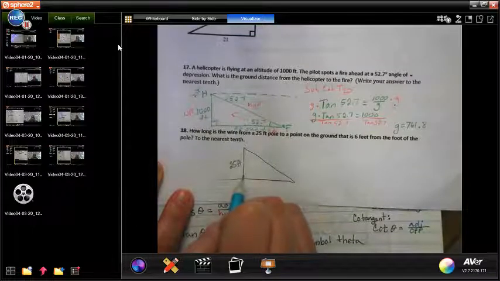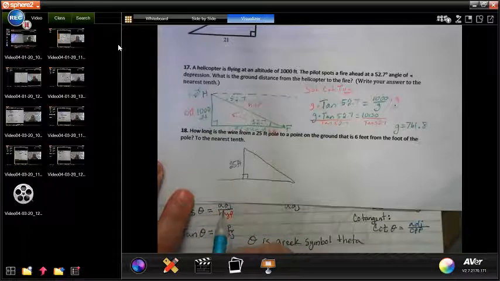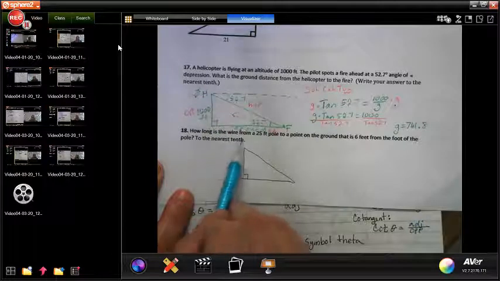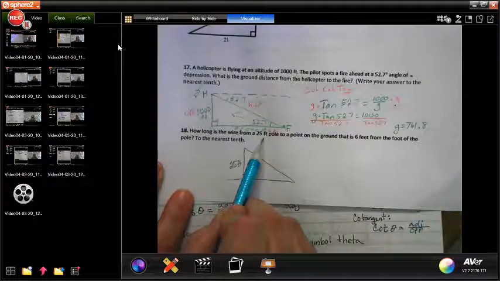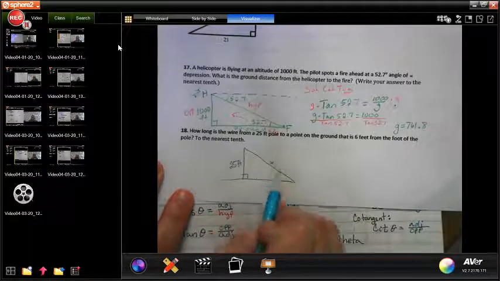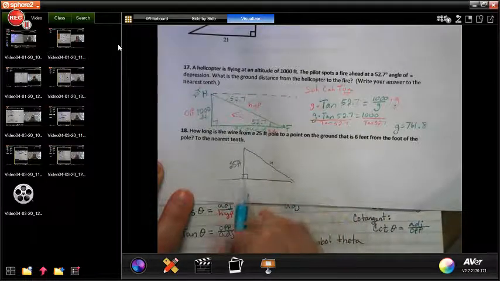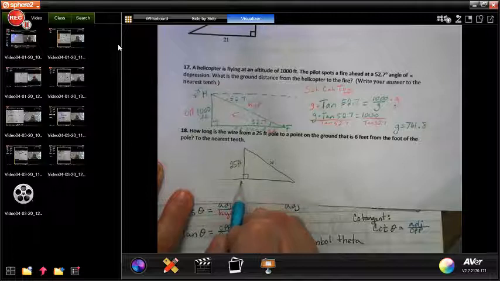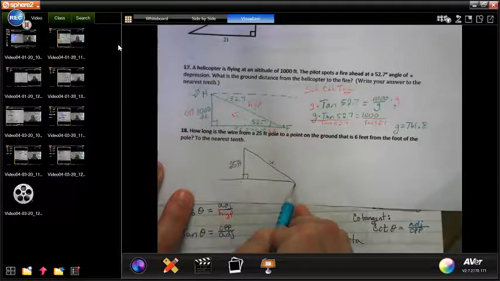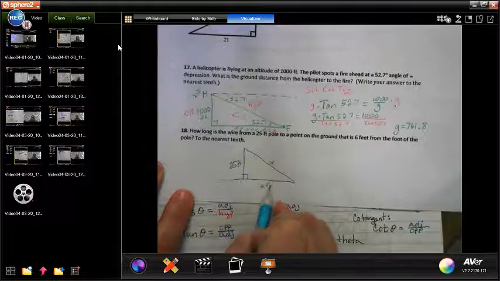And then the pole and the ground hopefully make a right angle, because that's just good construction. So how long is the wire? The wire is this line. To a point on the ground that is 6 feet from the foot of the pole. Well, here's the foot of the pole. This is the point on the ground the wire touches. So that means this is 6 feet.